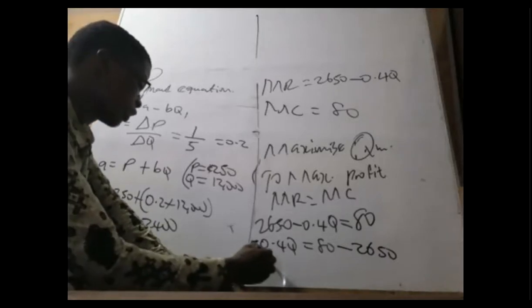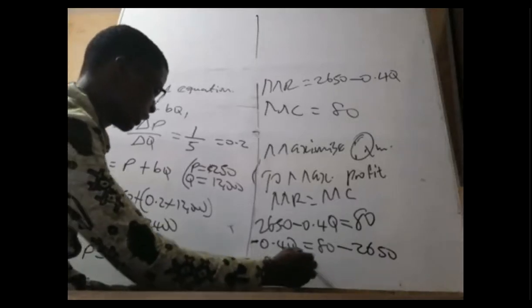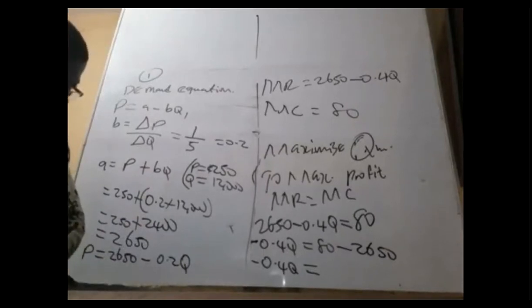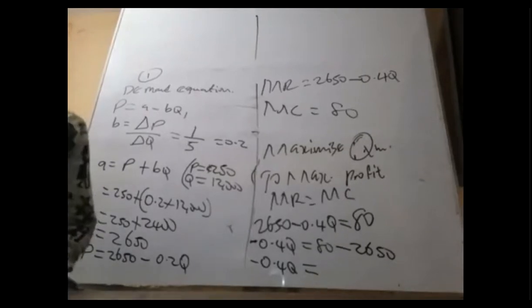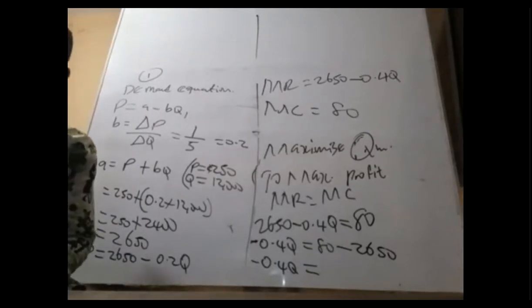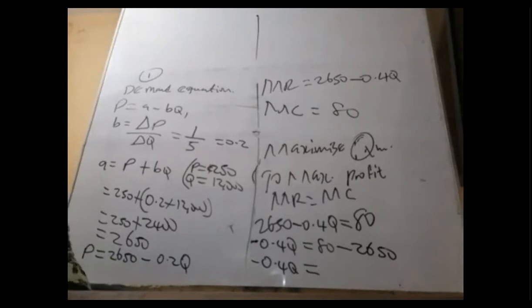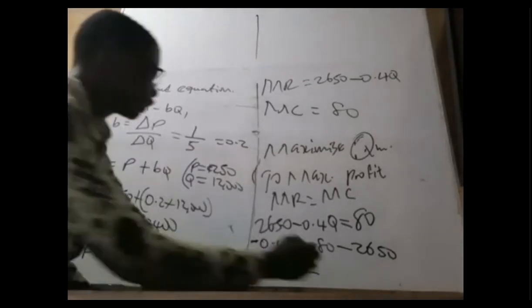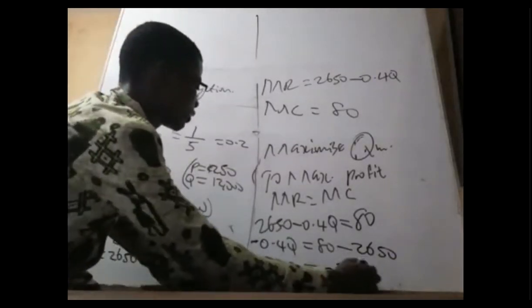So negative 0.4Q is now equal to, that's 80 less 2650. That's 2570, right? So negative 2570.